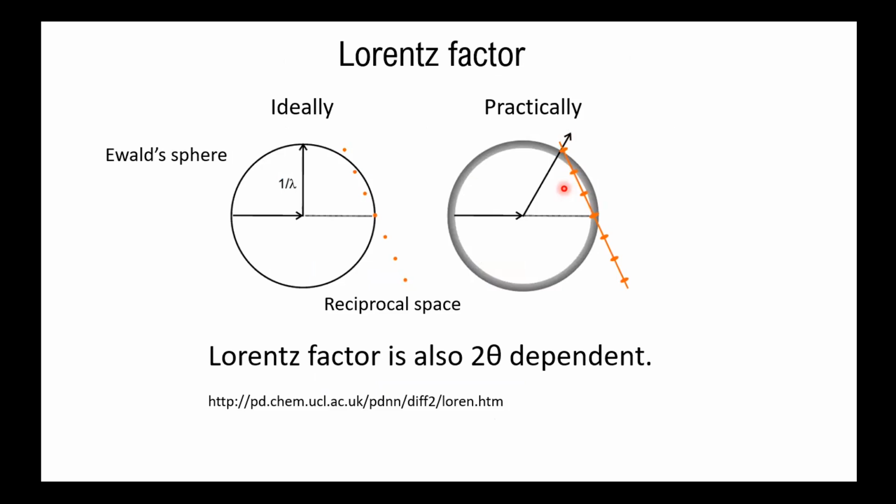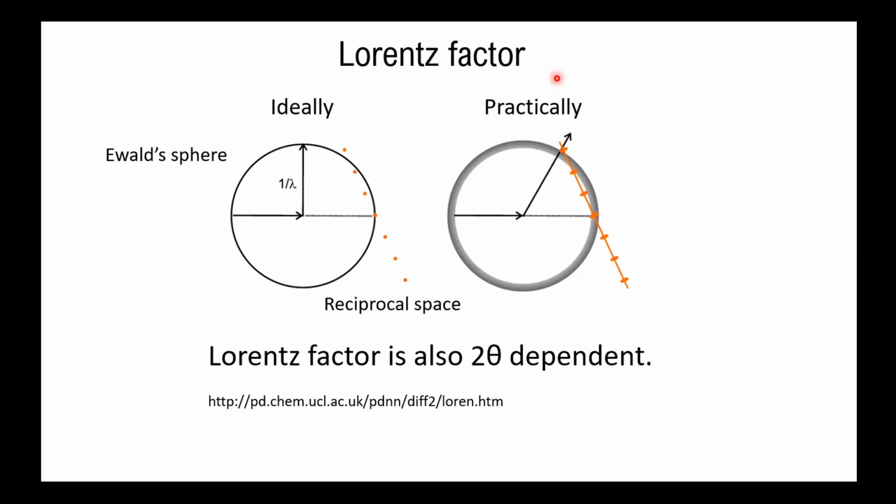The next one is something I also want to clarify. In the slides I sent you last time, I put the Lorentz factor in a different slide, where I said it relates to the diffraction geometry, to the beamline setup, to the radiation source, and so on, which is not correct.